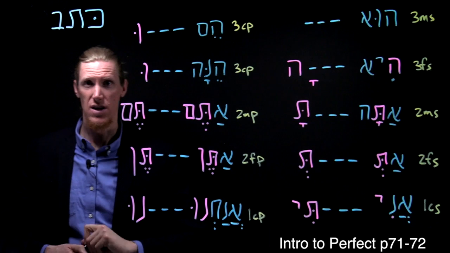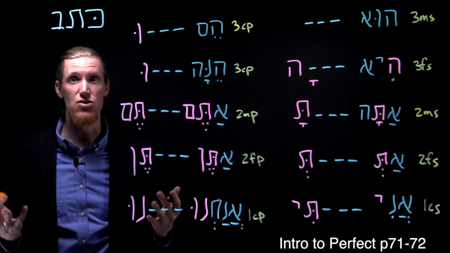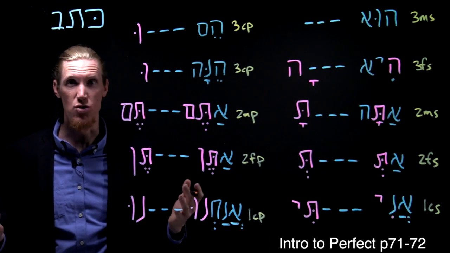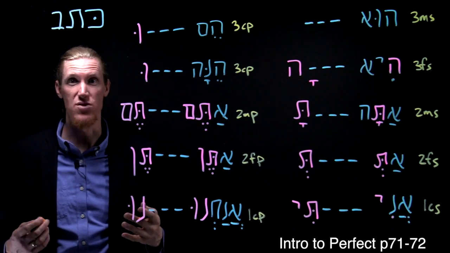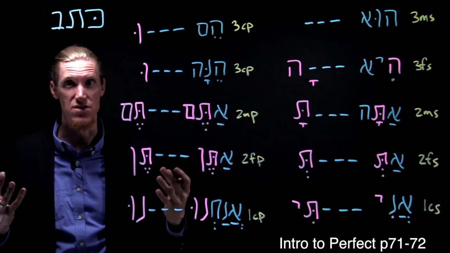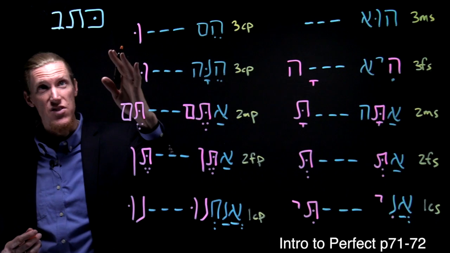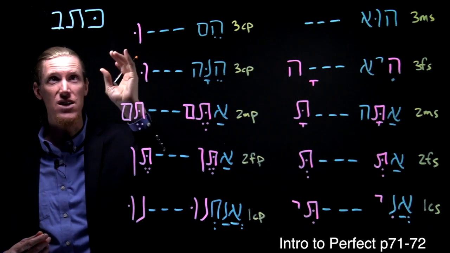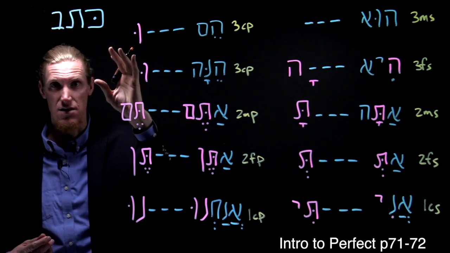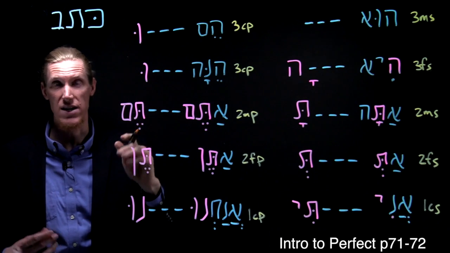A root isn't actually a word. It's just three root letters. A word requires vowels so that it can be pronounced and spoken. These three root letters communicate the basic meaning. This particular verb means to write.